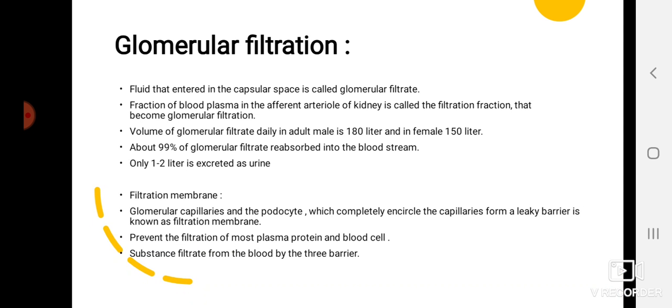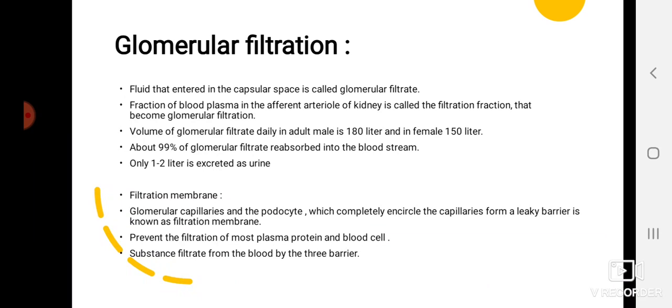So, what is glomerular filtration? The fluid that enters the capsular space is called glomerular filtrate. The capsular space is the space between the two layers that we discussed in the previous lecture, so watch the previous video and then come to this video.